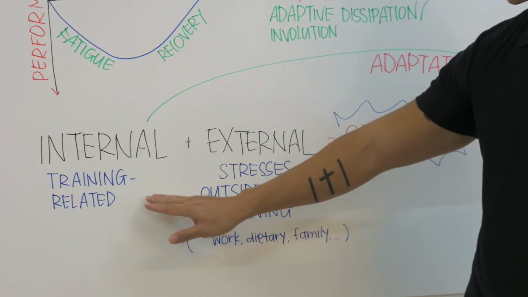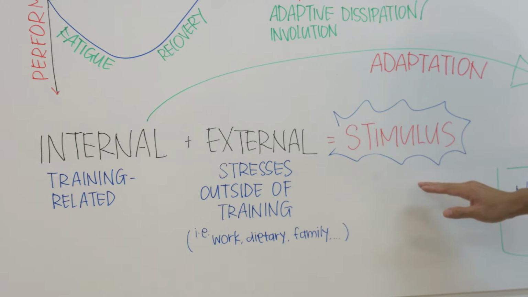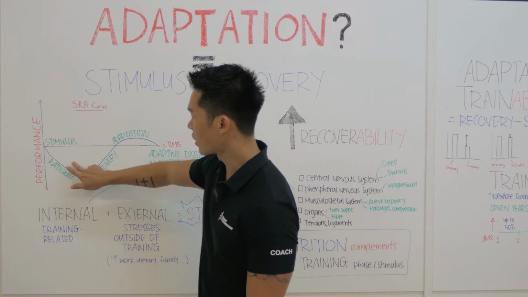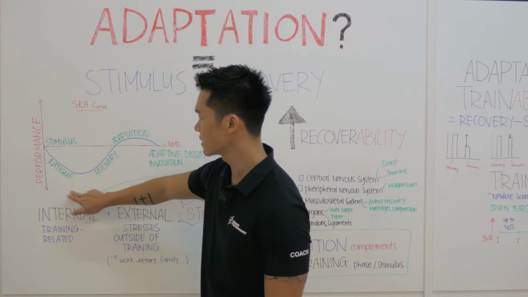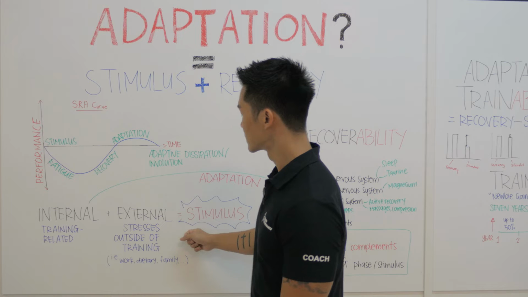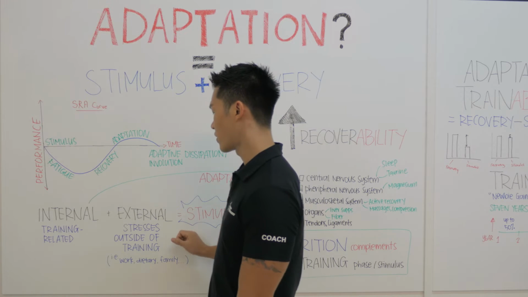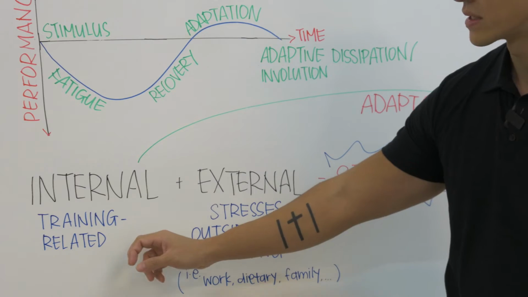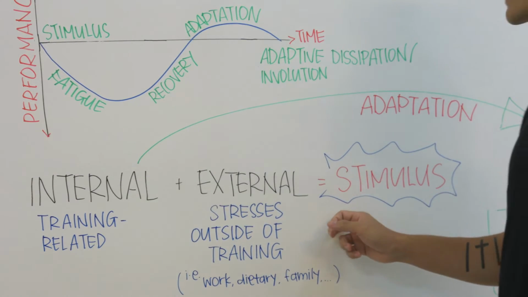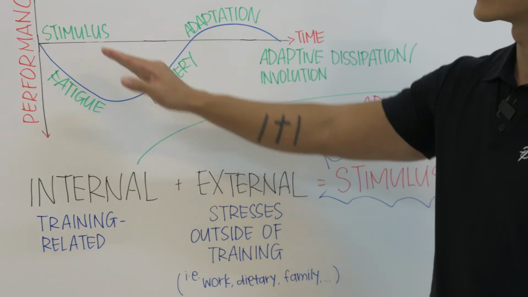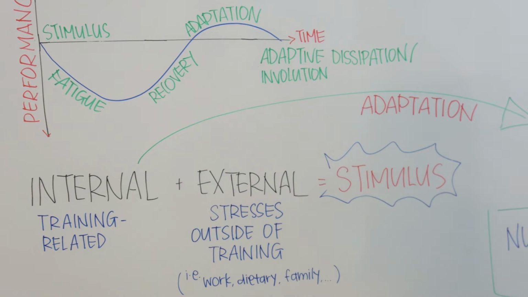So you have to note that internal and external is what causes the stimulus. Too much of a deficit, again, is not a good thing. We need to try and control this. So later on, when we talk about trainability, I will explain more on how we actually control the internal and the external training stresses, just to ensure that we have just enough of a deficit to actually adapt from.